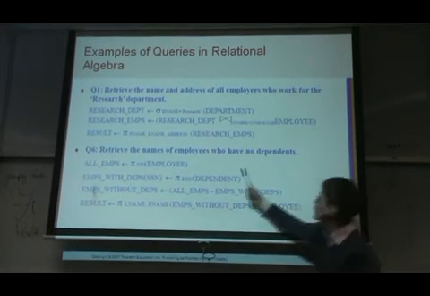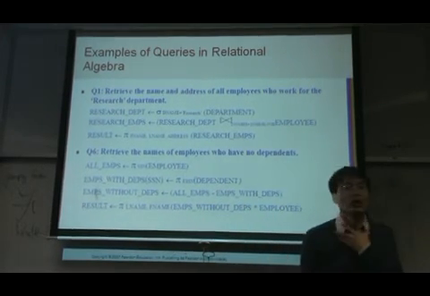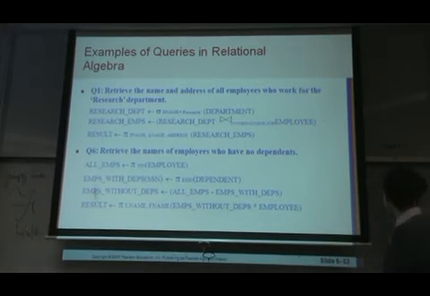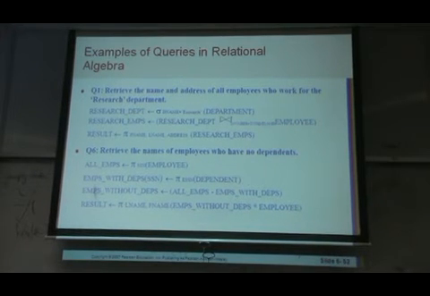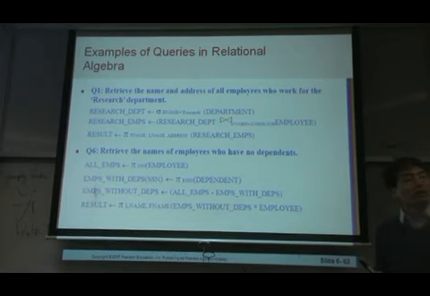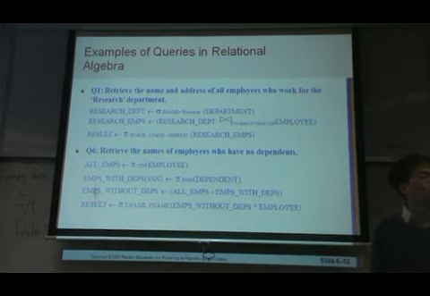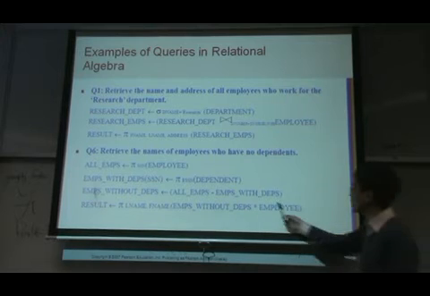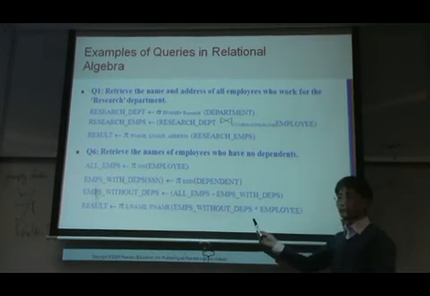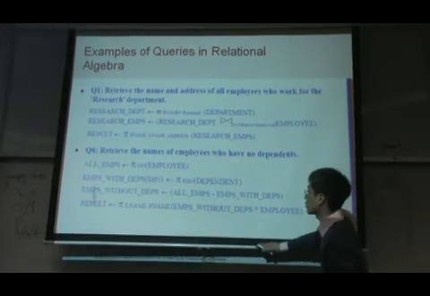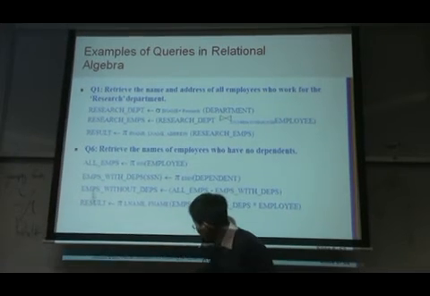But the question is the name of employee. How can we get it from the SSN? Using SSN, where can you get employee information? Employee table. So that is the reason we can join. Actually, this is a natural join. We can change this one.